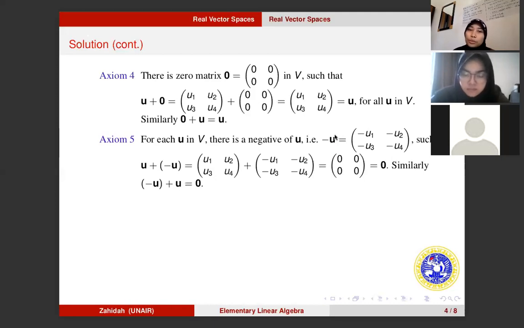So you need to construct it like before. So with this negative U, we get U plus negative U equals the zero matrix here, our identity element from axiom 4.